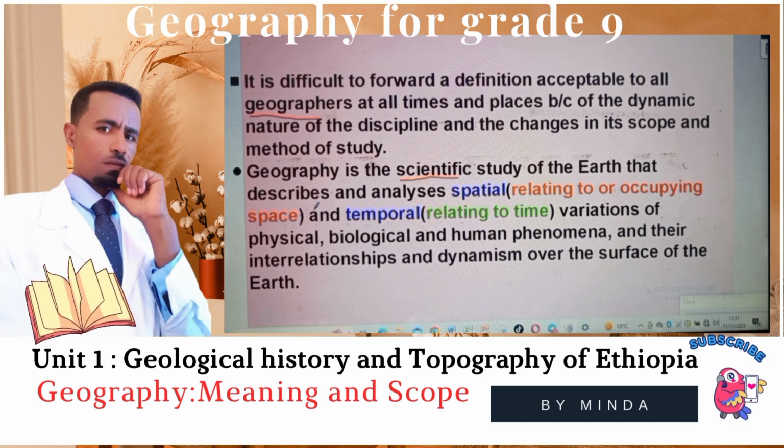So, geography is a discipline that studies and analyzes the spatial and temporal variations of physical, biological, and also human phenomena. This is the definition given to geography.